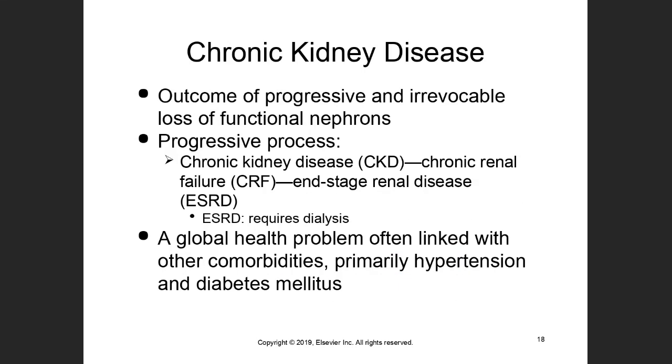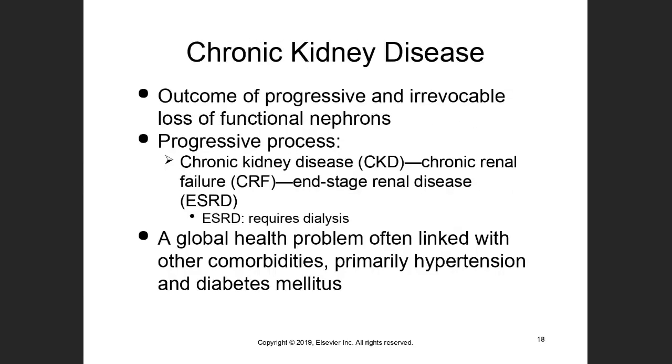Outcome: progressive and irrevocable loss of functional nephrons. Progressive process of chronic kidney disease. So you start with acute kidney injury. If the patient suddenly doesn't recover, they can go to chronic kidney injury, and chronic kidney injury could end up in end-stage renal disease.